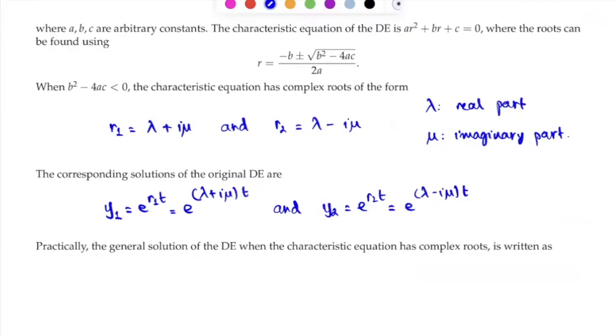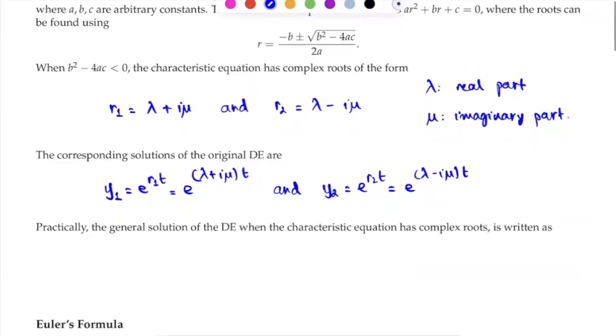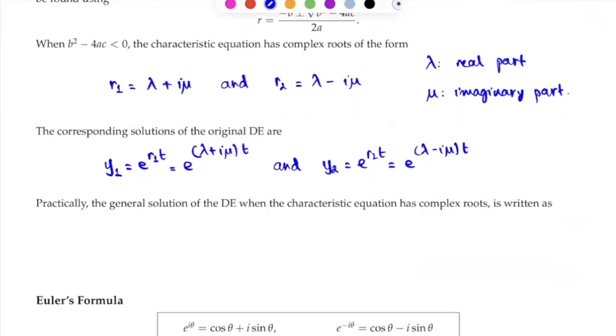Still, in this type of solution, you see imaginary numbers, right? For i, in this case, the imaginary number. But practically, when you do this type of problem, when you get to the general solution of the differential equation for the case of complex roots, the solutions tend to have this form, and we're going to use this form of solutions to work with the differential equations.